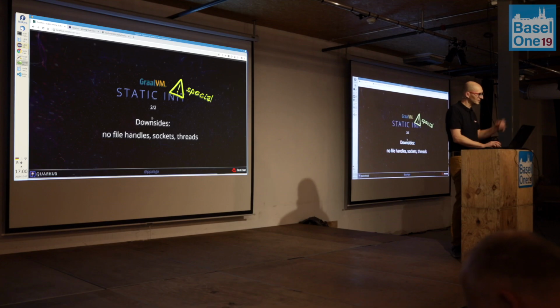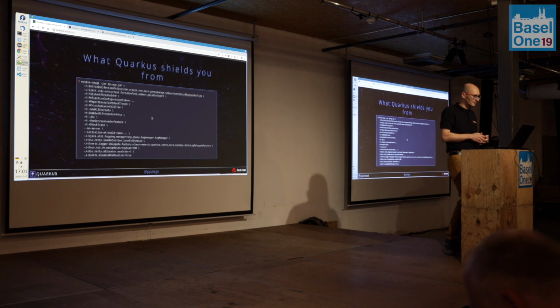So you either need to put the code into the main method, or you need to mark the class or the initializer with a special something, so that the GraalVM knows that this one needs to happen at runtime.